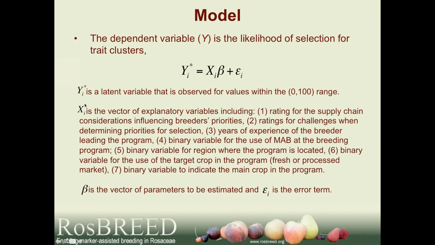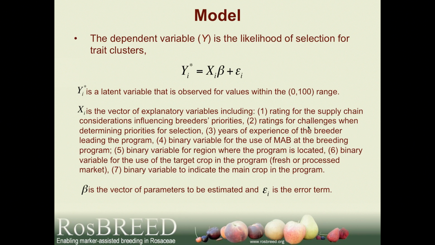X is the vector of explanatory variables, and it includes 7 parts. The first part is the rating for the supply chain considerations influencing breeders' priorities. The second part is the ratings for challenges when determining priorities for selection.